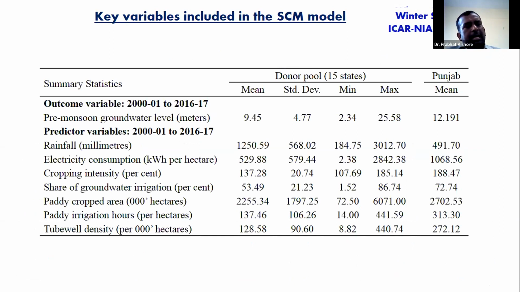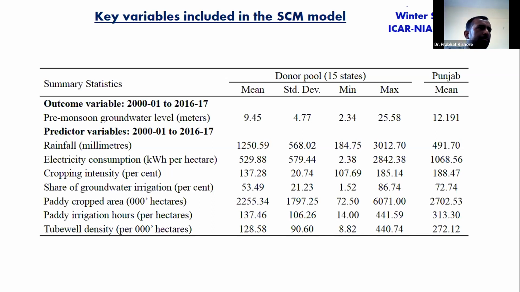They have evaluated the impact of this, and we have worked on something similar, and we followed a different methodology. Their data was up to 2012, but we extended the data to 2016, and we got a somewhat different result than that.